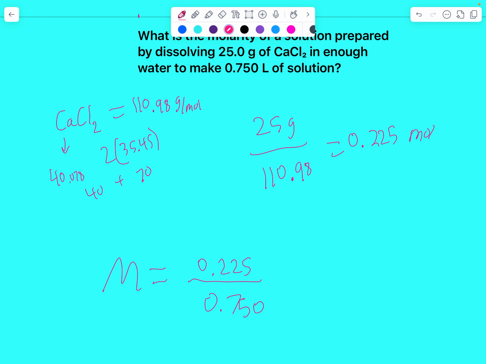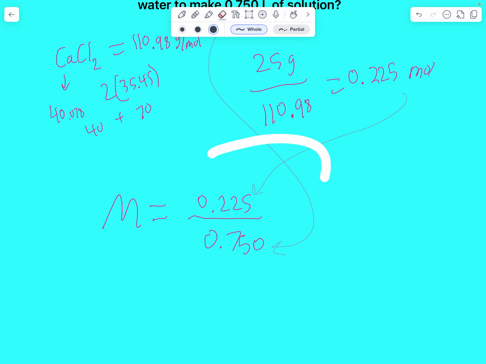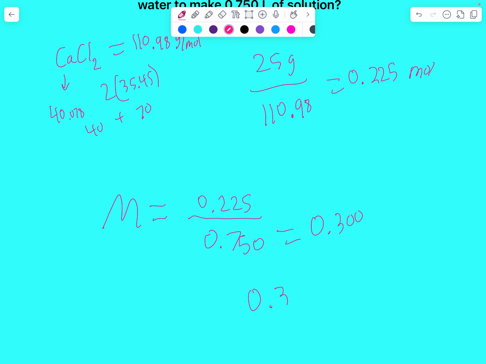All right, so the 0.750 came from there, and the 0.225 came from that. All right, I think that's pretty straightforward. So I calculate it on my calculator, and I got 0.300. So the final answer is 0.300 M CaCl2. Multi-step molarity problems are extremely common on exams.